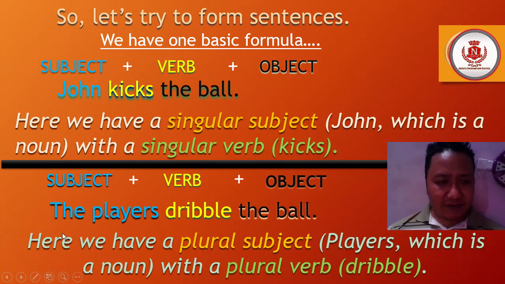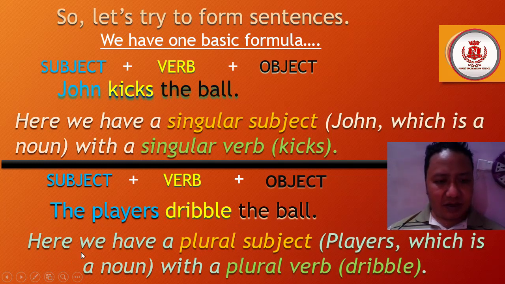Right? And for this, in the next, the players. Here, the subject is not singular anymore. It's plural. So we have to have a plural verb. But in plural verbs, we don't have S here anymore.